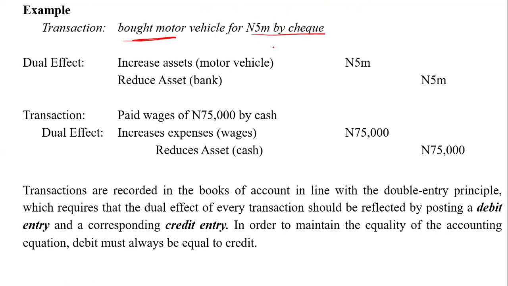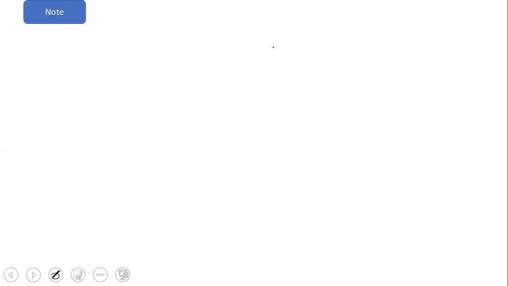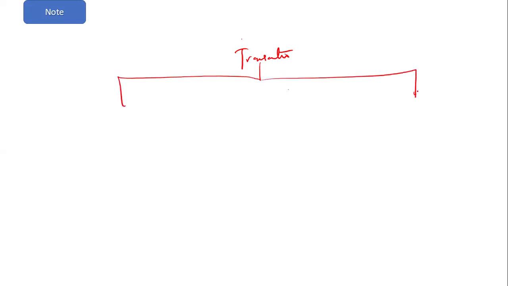So what we are going to do is that in accounting, transactions should be broken down into two. And I want to bring back here that anytime we talk about transactions in accounting, it is basically divided into two sides. You have the debit side, then we have the credit side. The debit side is referred to as the left hand side.